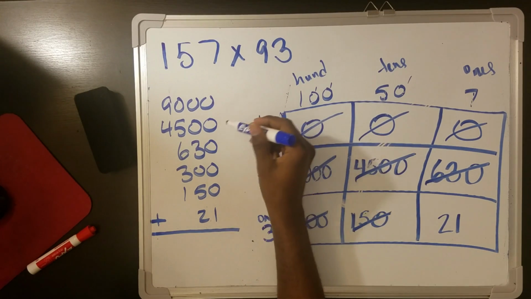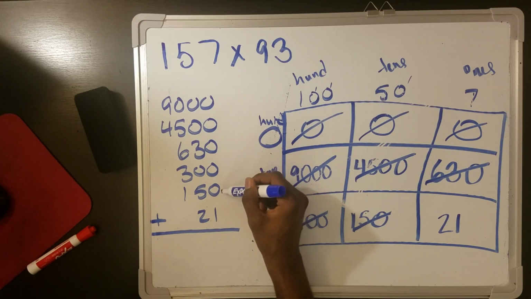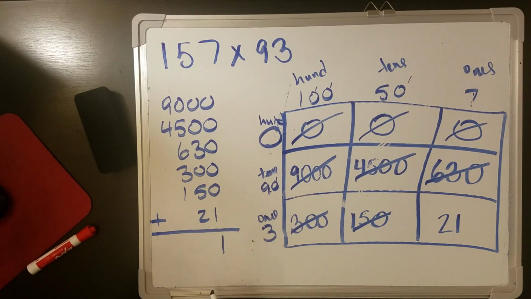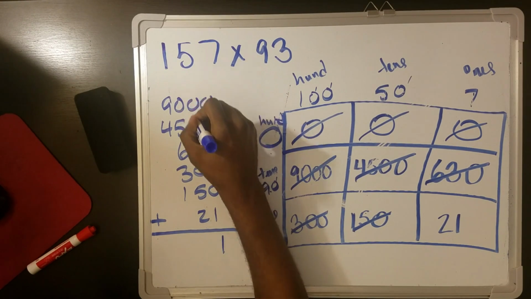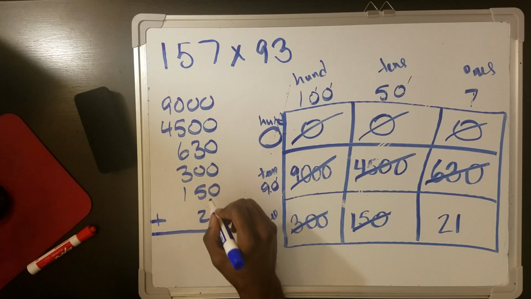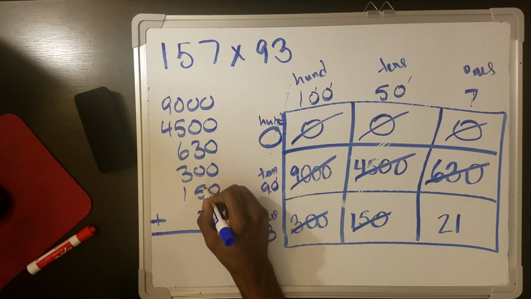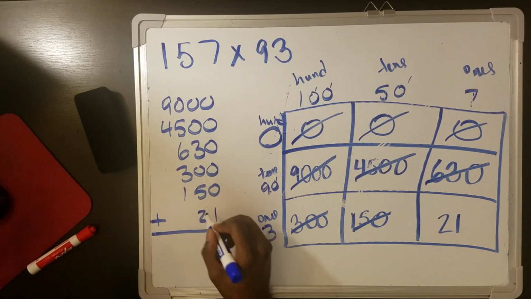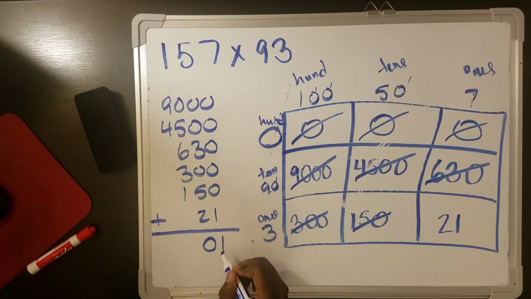So 0 plus 0 plus 0 plus 0 plus 0 plus 1 gives us 1. 0 plus 0 plus 3 plus 0 plus 5 plus 2. What's 3 plus 5? 8 plus 2 gives us 10. Get a 0.